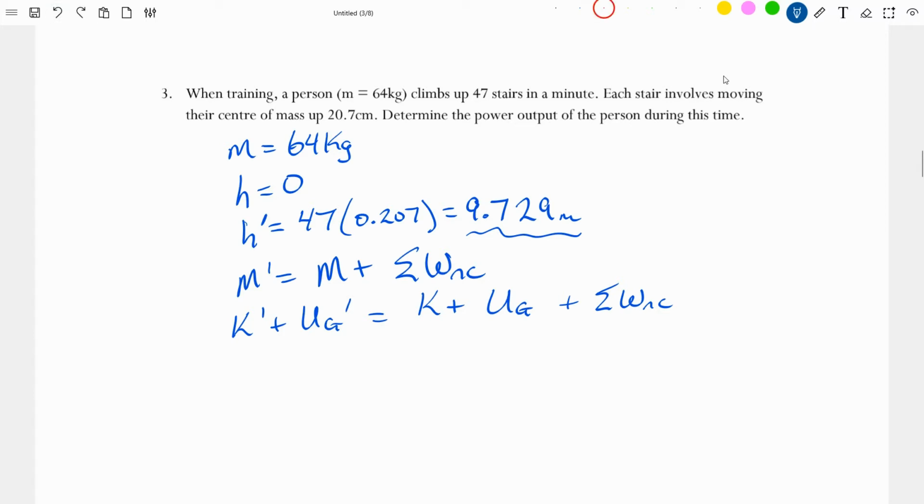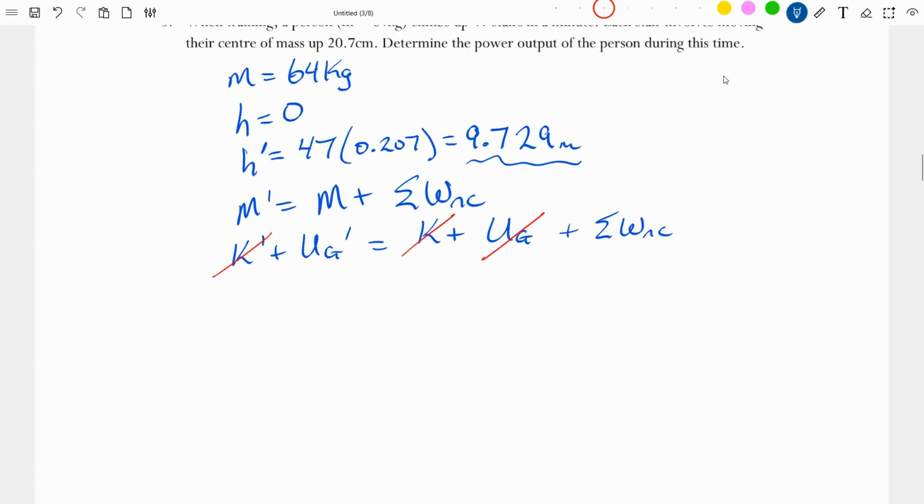What can I cross out here? They started at a height of 0, so I don't need that. Kinetic energy and kinetic energy prime, for reasons explained in depth in the previous worksheets, I can cross out because they're both equal to the same value if you think of them as maintaining the motion throughout, or you could think of them as both being 0, with a person starting at rest, climbing the stairs, and coming to rest again.